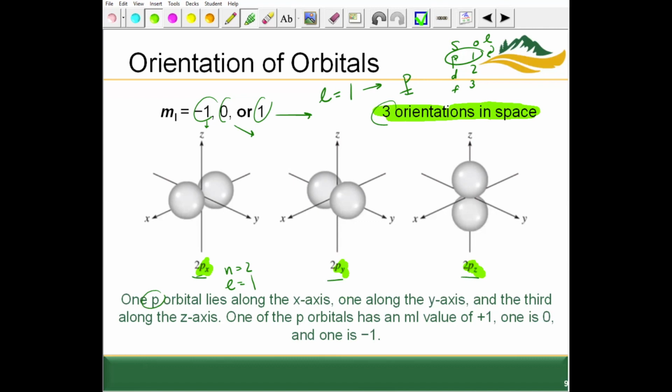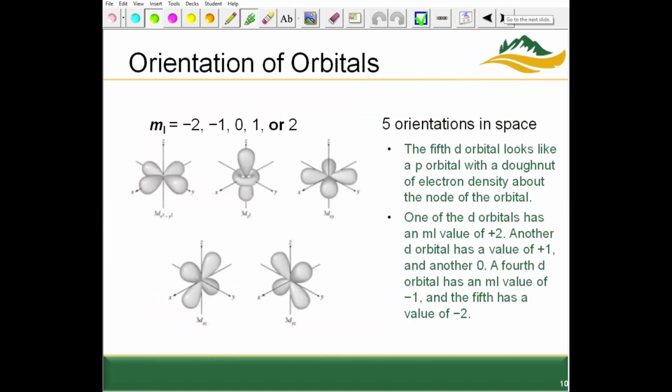This makes sense based on the possible m sub l values. There's 1, 2, 3, matching up with 1, 2, 3. Then for d orbitals, we looked at this as well. So we know that our m sub l values could be -2, -1, 0, +1, or +2.